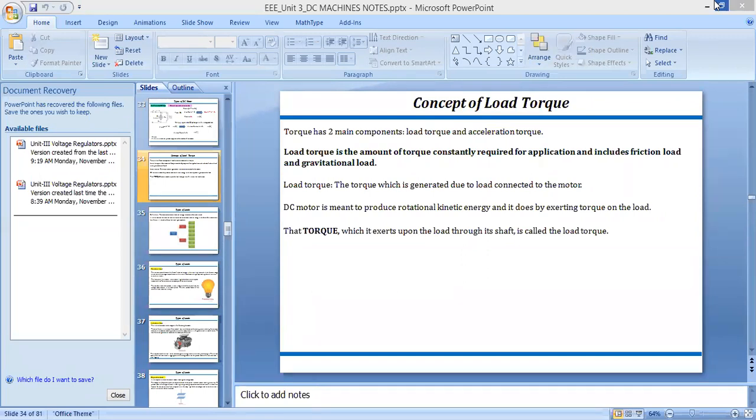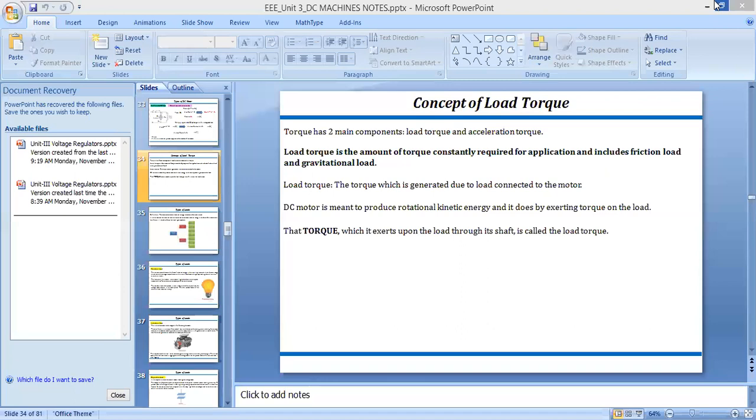Then we have seen about the commutator. The commutator is made of copper, with a solid assembly of insulated copper segments that can rotate at a higher speed, because when we give the power supply to the DC machine, the commutator behaves as part of the rotor.